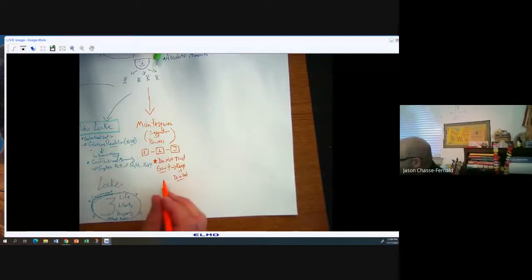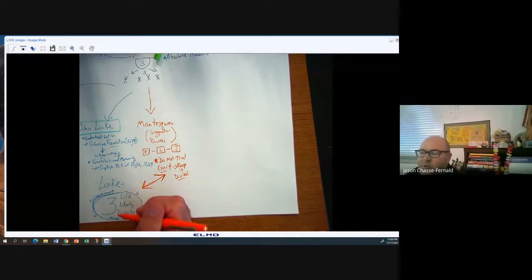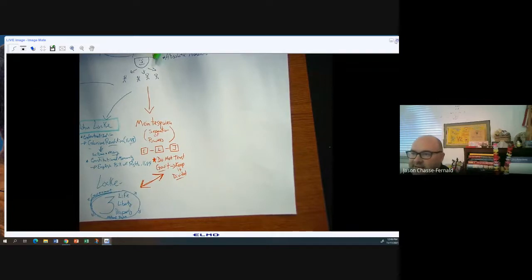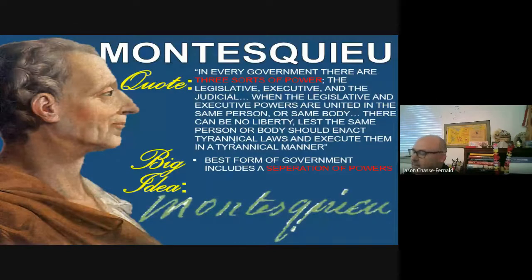So Montesquieu and his ideas are very compatible with Locke. These two work very well together because if the whole purpose of government is to protect individual rights, life, liberty, and property, the best way you can maintain and protect those rights is to prevent government from consolidating into a single entity where it can become tyrannical.